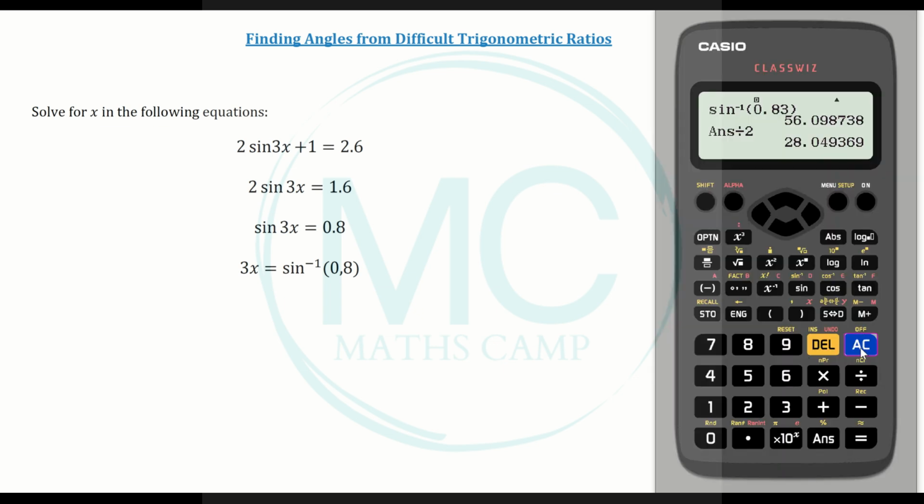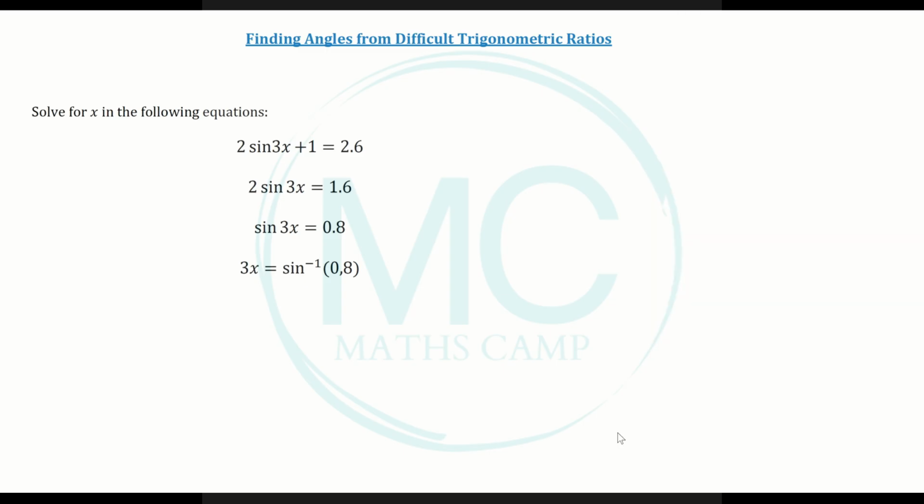Now we can open our calculator, and we say shift sine 0,8, close the bracket, is equal to 53,13 degrees. And we can make a note of it over here. But this is the value for 3x.